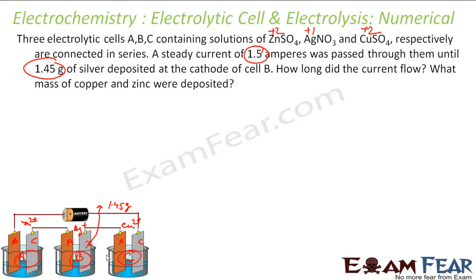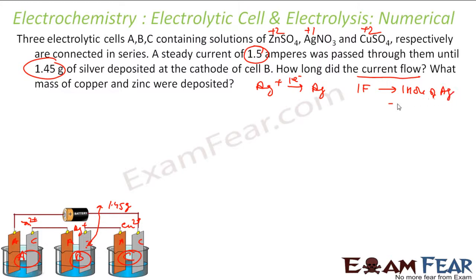Now the question is, how long did the current flow? And also we need to find the mass of copper and zinc deposited. So first let's find how long did the current flow. See, for this the reaction we know is Ag plus gives Ag, 1 electron. Correct? That means 1 Faraday of charge will give me 1 mole of Ag.